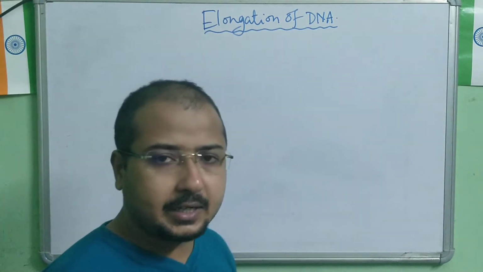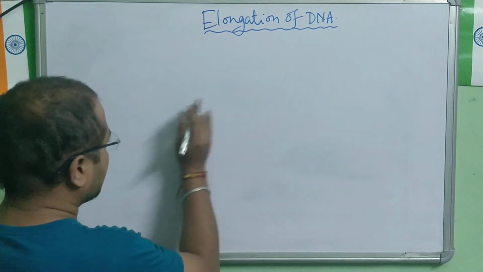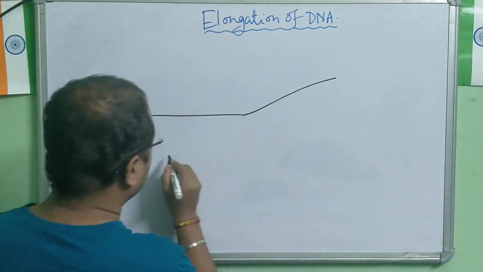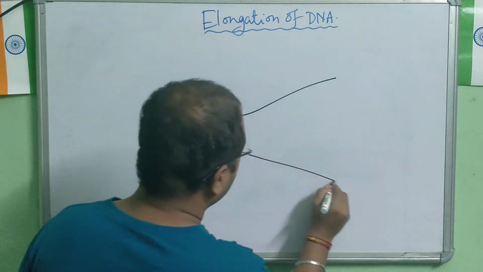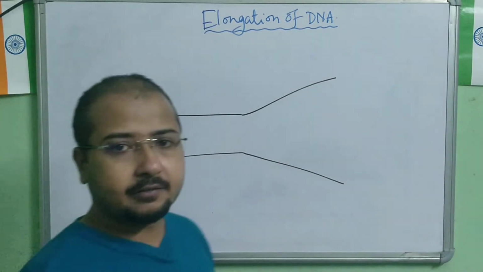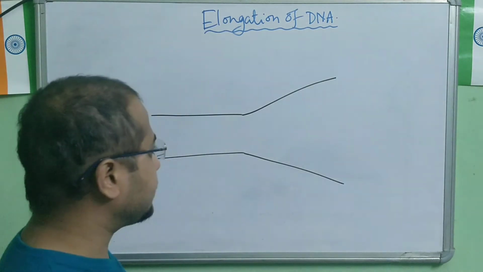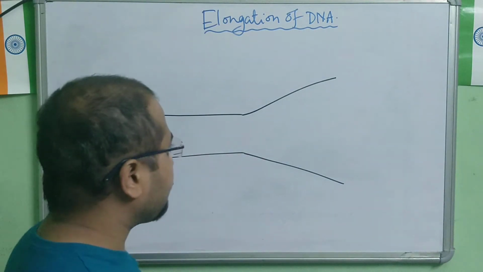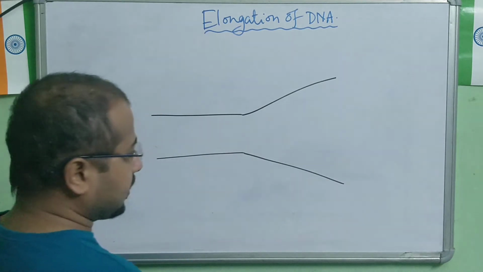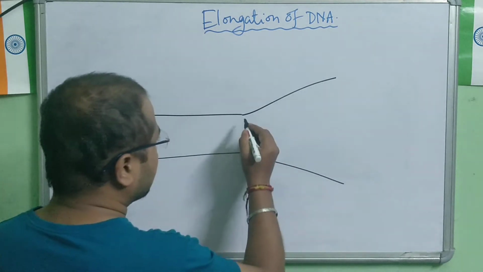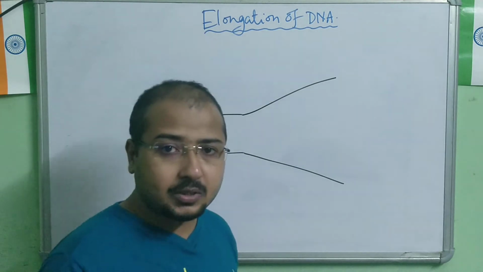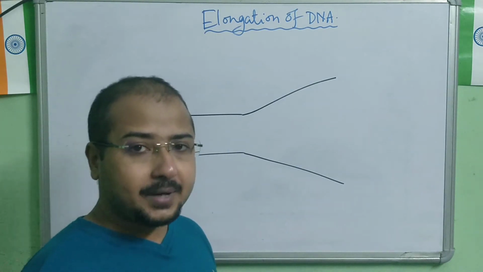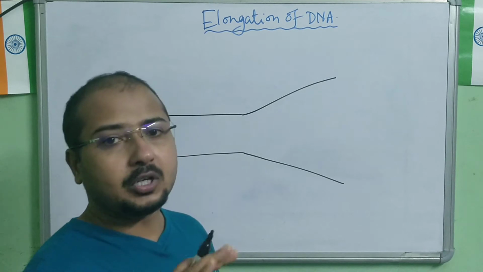Let me just draw the replicating fork. This is the Y-shaped replicating fork that developed due to the melting of DNA. And we have seen that the RNA primer comes with the help of DNA G, the enzyme which is also known as primase or RNA polymerase.